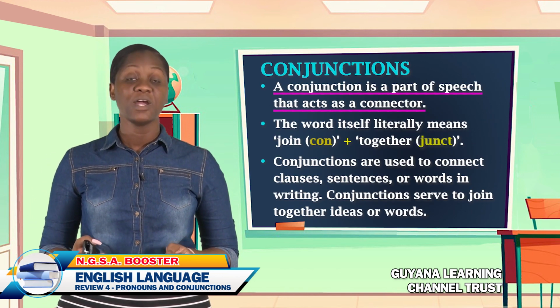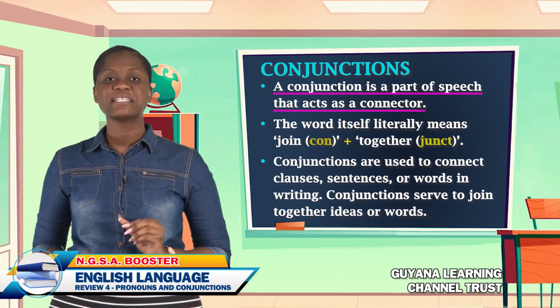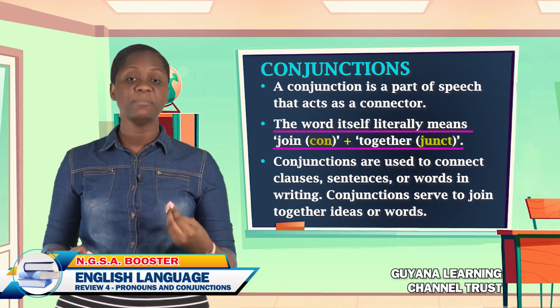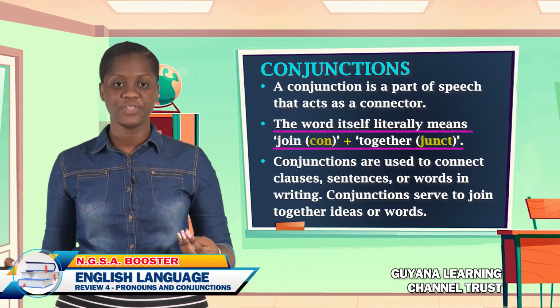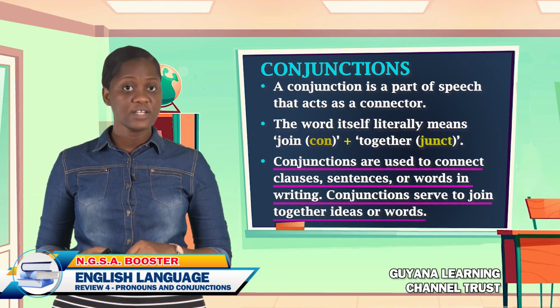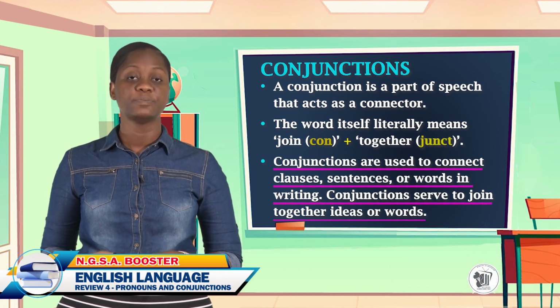If you remember, a conjunction is also a part of speech, but it acts as a connector. The word itself literally means join together. As you remember, conjunctions are used to connect clauses, sentences, phrases, or words in writing.